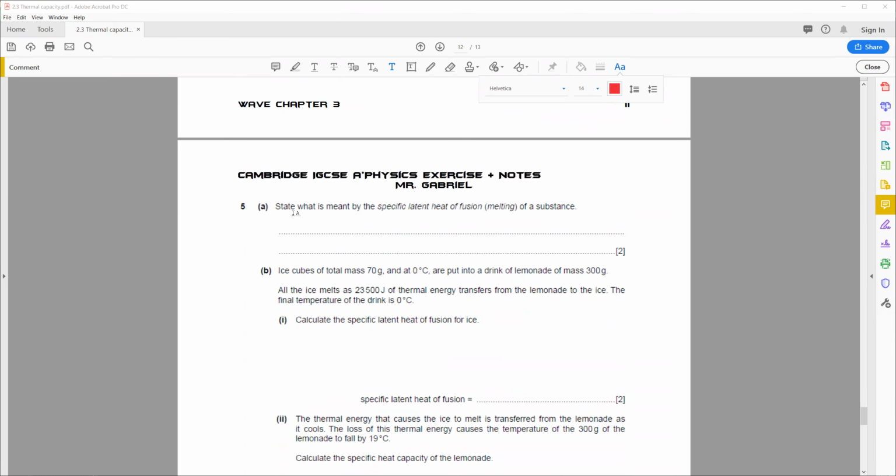If you look at this statement here, state what is meant by the specific latent heat of fusion of a substance, and they give you 2 marks here. How should I answer this, Charmaine? What do you think the answer could be for this one here? First and foremost, it is the formula, right? So making it the subject first will give you what? Q equals ML, good.